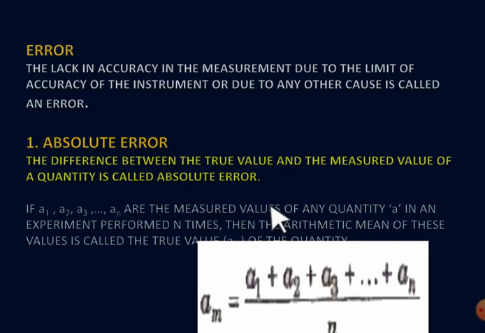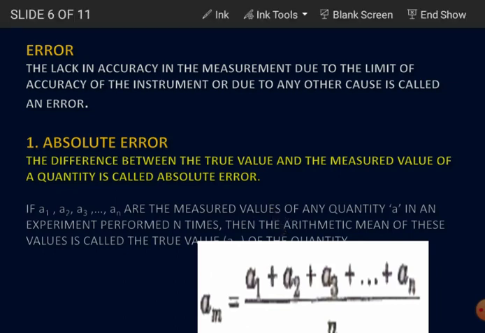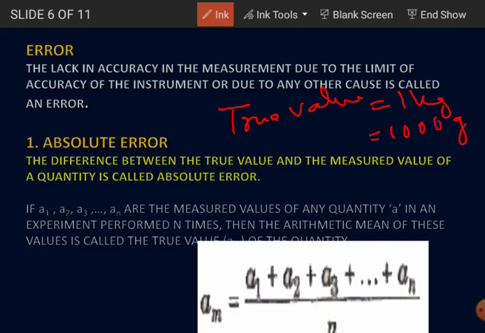In that example I told you about the measurement of the mass of a body, and the true value is 1 kilogram, and this 1 kilogram, if I express it in gram, will be 1000 gram. And the measured value found by a student, let me write MV only, in short, is 980 gram, as in the example I gave you.